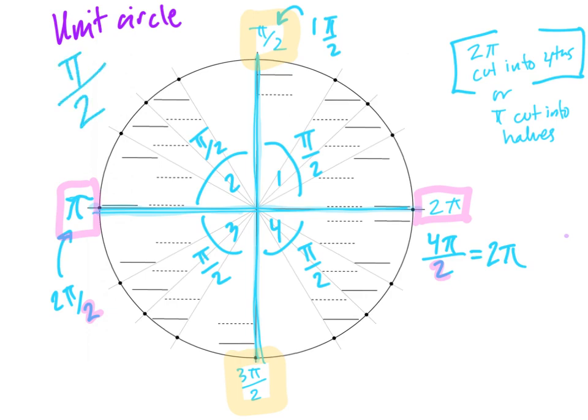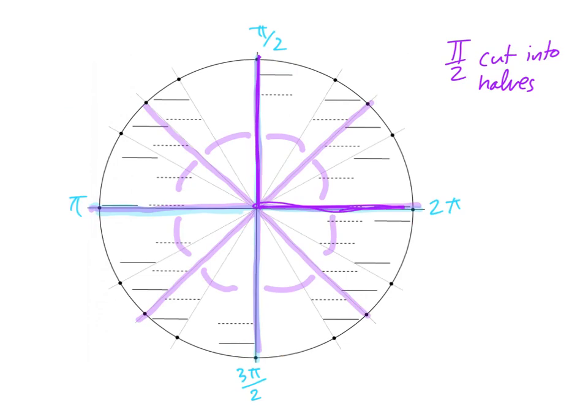Okay. So I don't know if you can see it. I hope you can. Let's go back to purple. So I'm looking at pi over 2, which I just had, and I'm now cutting that into halves.